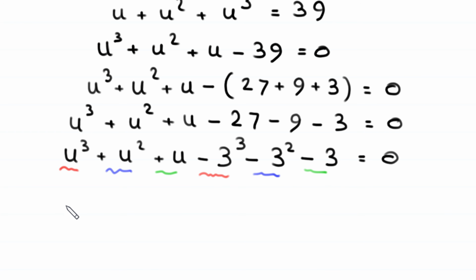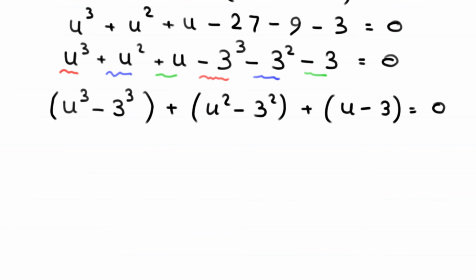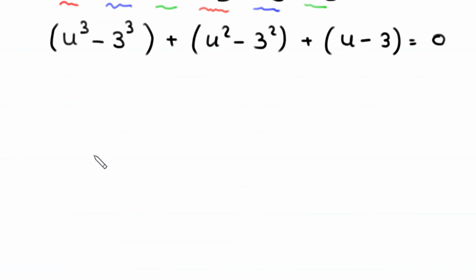So the equation will become u cubed minus 3 cubed plus u squared minus 3 squared plus u minus 3 equal to 0. Now to expand these two expressions, we use two algebraic identities.